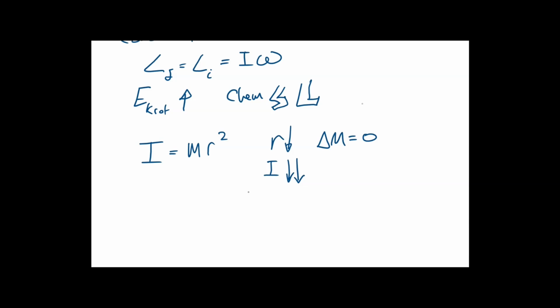So it's a little bit like the spinning skating dancer. When she raises her hands in the air and makes everything close to the center of rotation, she'll spin faster because now she has a smaller moment of inertia. Okay, so because L must be conserved, and that's angular momentum, then something has to give.